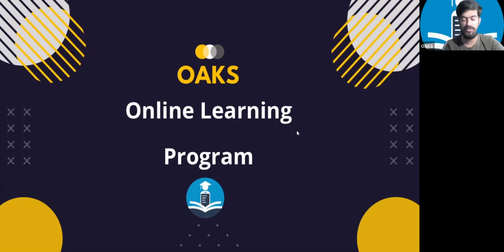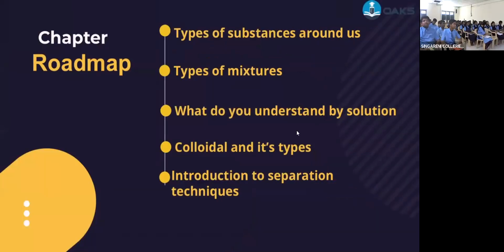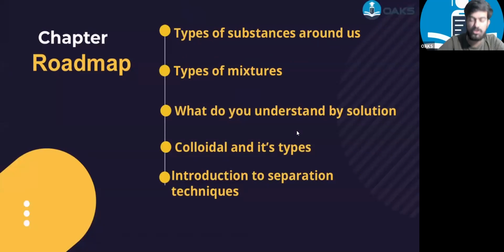So today, we have discussed most of the topics of this chapter, yes or no? The chapter is on the verge of completion. We have discussed the types of substances around us, the types of mixtures, and the solution. Each and every detailed thing about the solution has been discussed. We have also discussed colloids and their types.